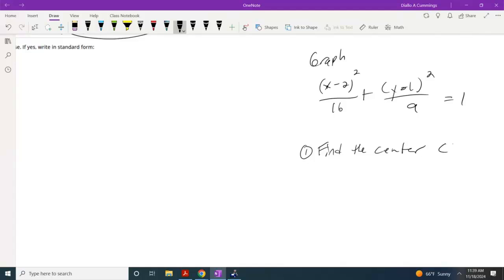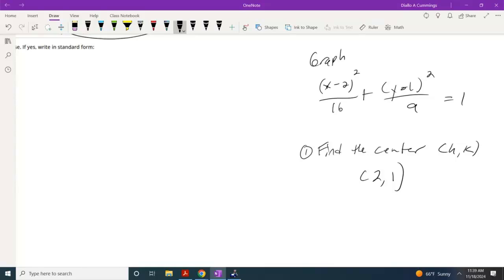So just remember that the center is written in the form h comma k. h follows the x variable, and k follows the y variable. And remember that your sign changes, just like with the parabola. So if I pull out my value for h, it's going to be positive 2, because h follows the x variable, and you must change the sign. k follows the y variable, and we change the sign. So we have the center at 2, 1.